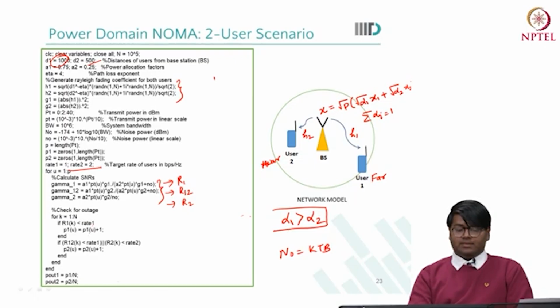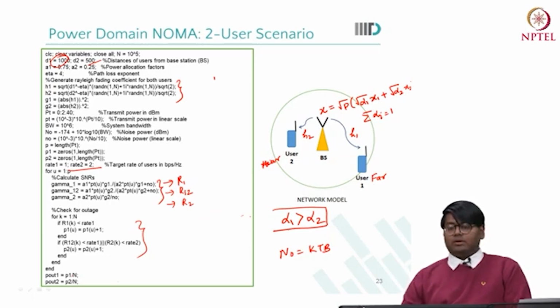So this can be implemented using these commands. And finally, we compute the outage associated with user 1 and user 2 by dividing it over the number of simulation runs.